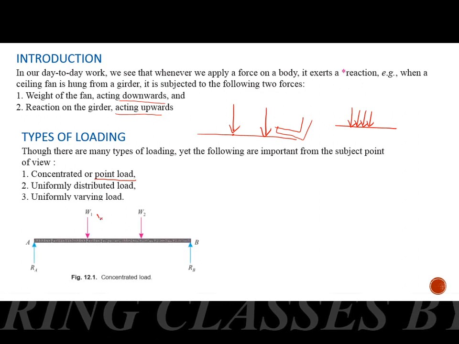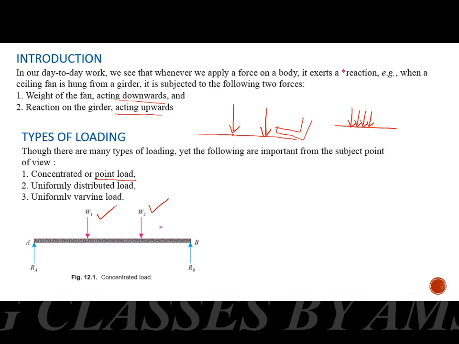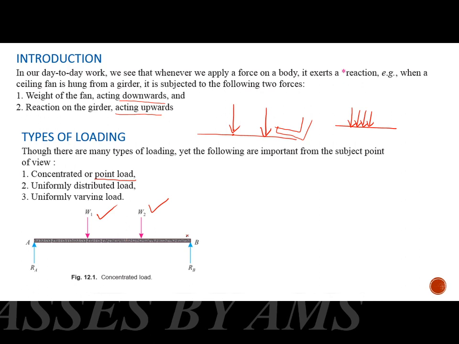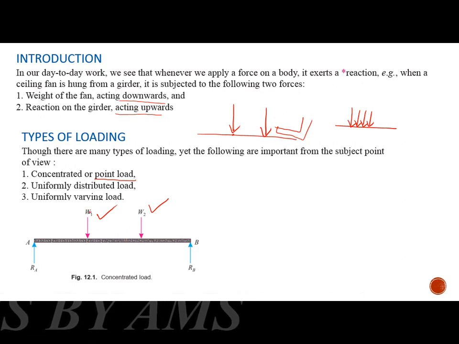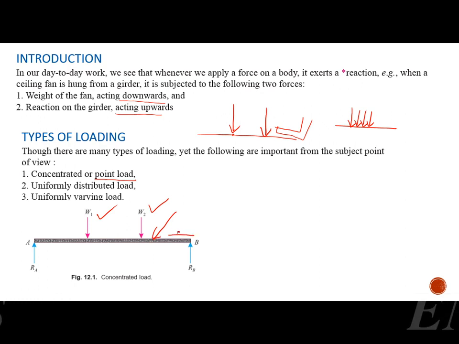Here W1 and W2 are the point loads acting on the beam AB, which is supported at the points A and B. So we will be representing the point load as a simple arrow, either in the upward direction, downward direction, inclined direction or horizontal direction. Any way we can apply a point load.